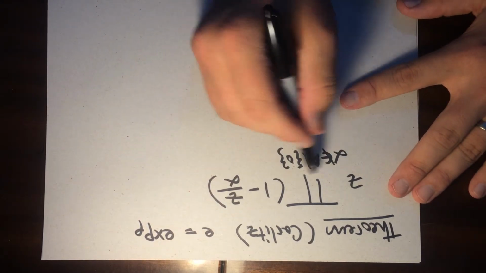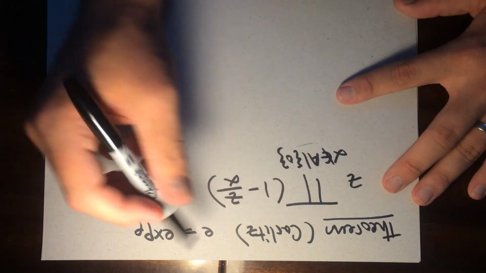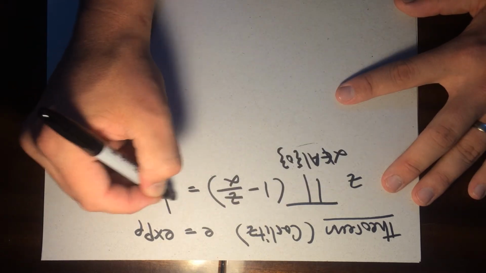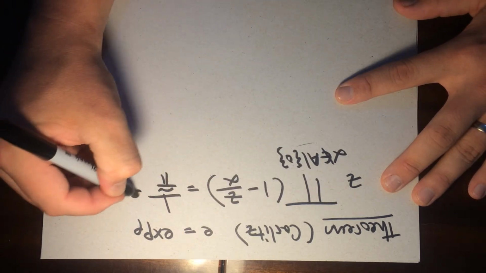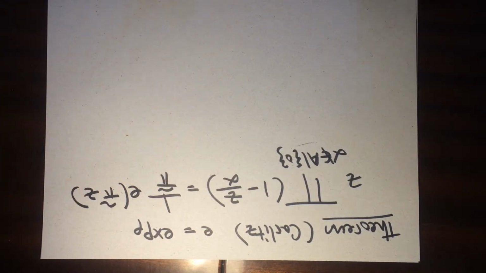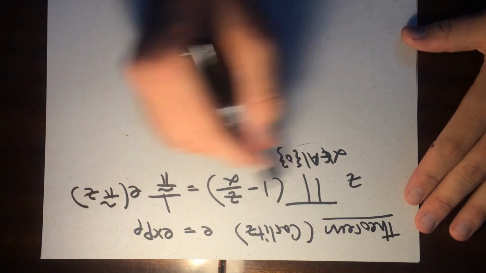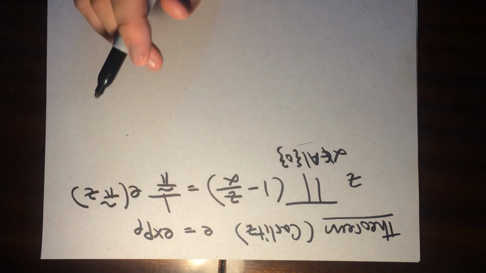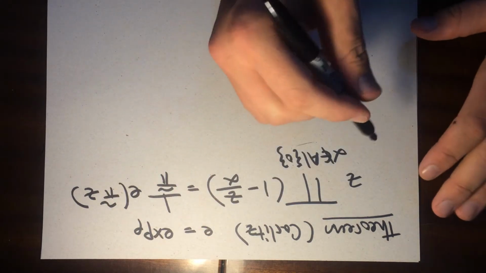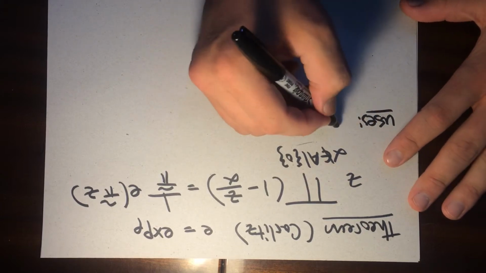We have this product over all the polynomials here, and it's a really cool formula: it says that this is equal to this modified Carlitz exponential. So this is the infinite product expansion for the Carlitz exponential. What does this use?